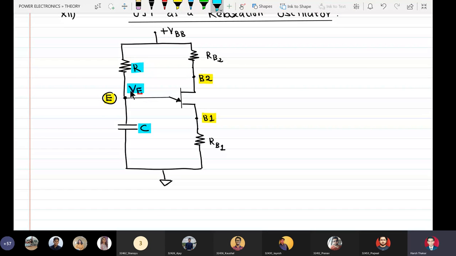So the potential at this terminal will decide whether the UJT will be on or off. It's very clear, students, that if this is VE and the emitter is connected to the capacitor, then the voltage across the capacitor will be responsible for deciding whether the UJT will be on or off.